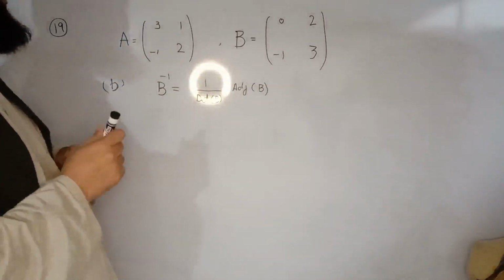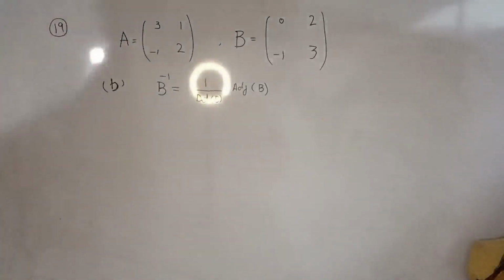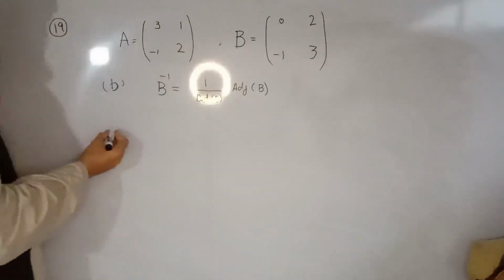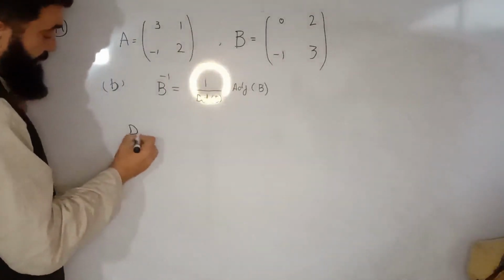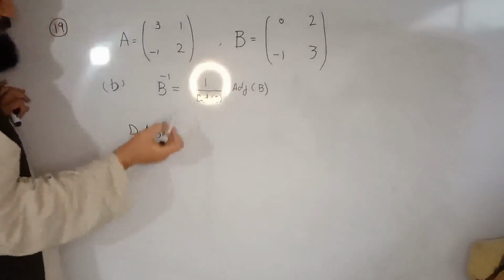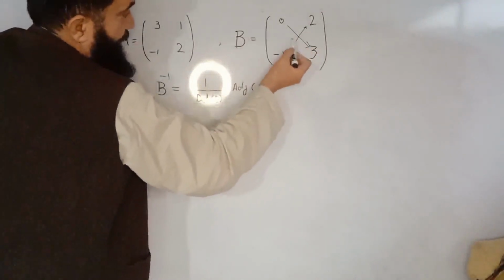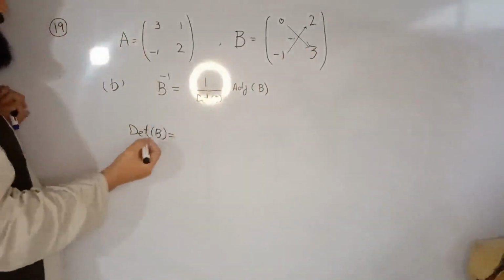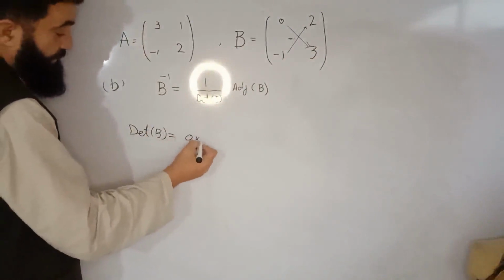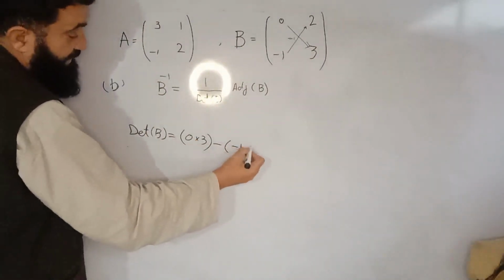Determinant of B is equal to, we multiply diagonal elements and then subtract them. That is, determinant of B is equal to, we multiply 0 with 3 and then subtract them. 0 into 3 minus 1 into 2.